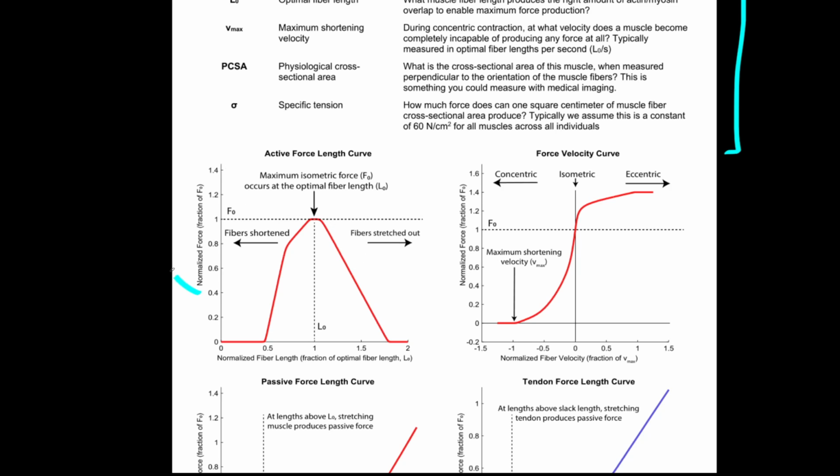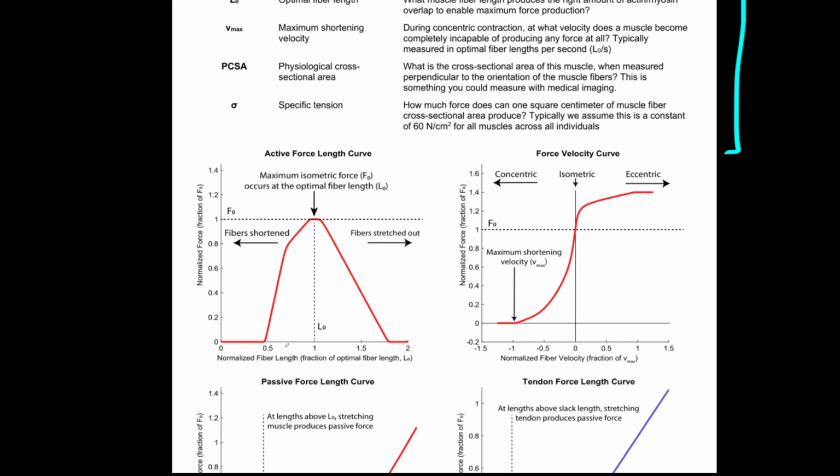We usually express this as a fraction of the maximum force production capability of the muscle. So if a muscle can produce 100 pounds at its optimal fiber length, then at 1.5 times the optimal fiber length, it can only produce about 0.45. So 0.45 times 100 is 45 pounds of force.